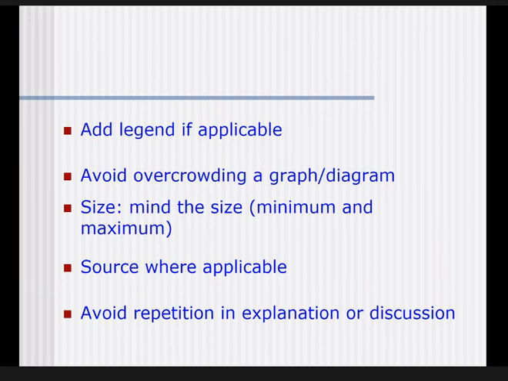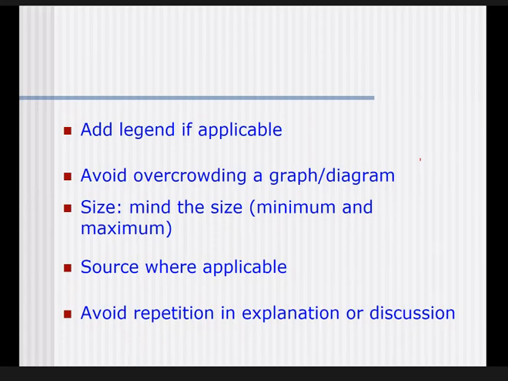So you add a legend where applicable. Legend is like a key. You avoid overcrowding the graph, so you mind the size. We have seen that there should be minimum and maximum.